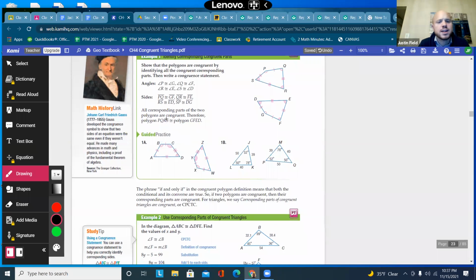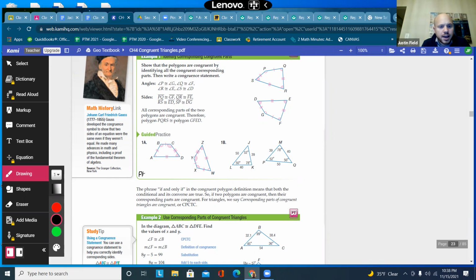All right, so what do we got here? Show the polygons are congruent by identifying all the corresponding parts, then write a congruent statement. All right, so these are quadrilaterals. I'm just going to write the letters.